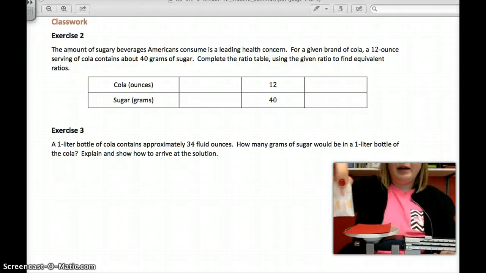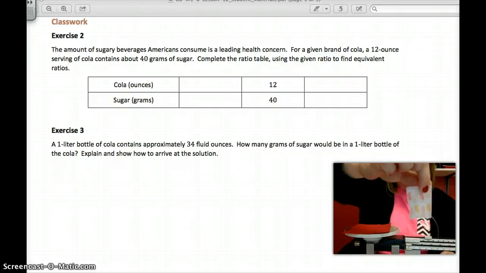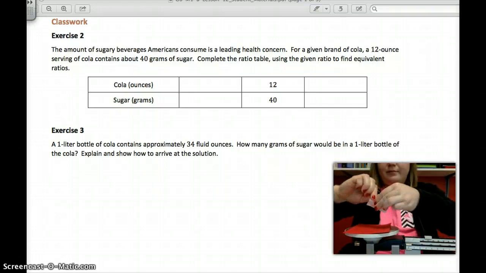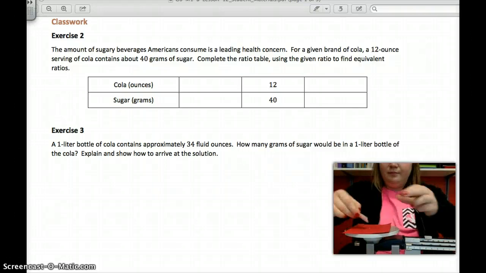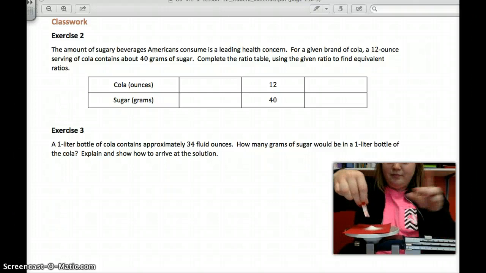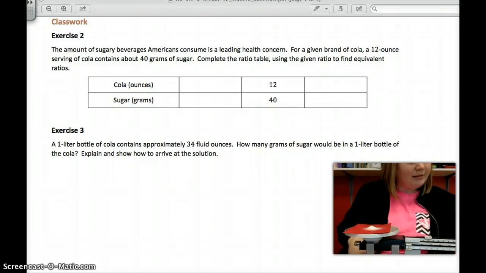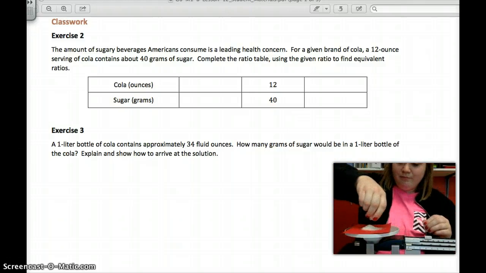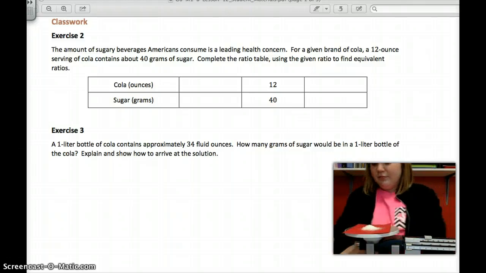Okay, these are like little packages that you get at any restaurant or anything like that. So let's see. This one hasn't even made a dent yet. Two.